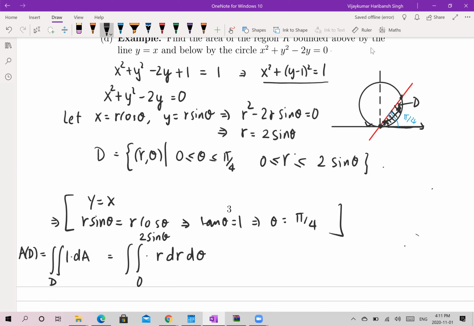R changes from 0 to 2 sine theta, and the angle changes from 0 to pi by 4.